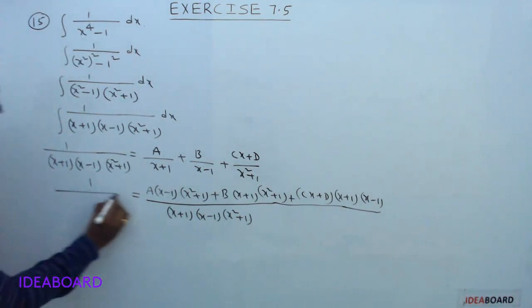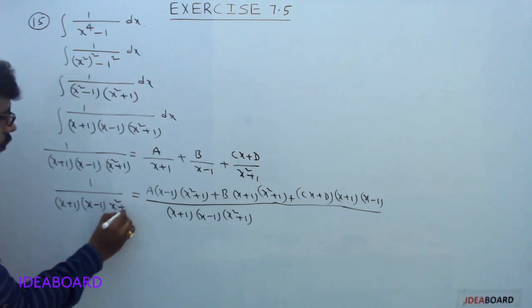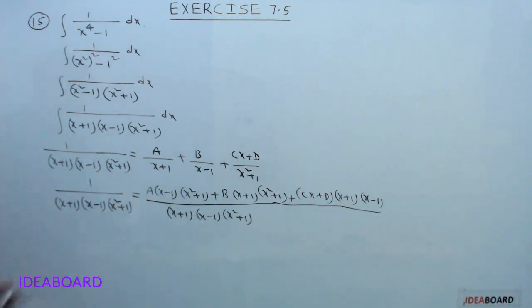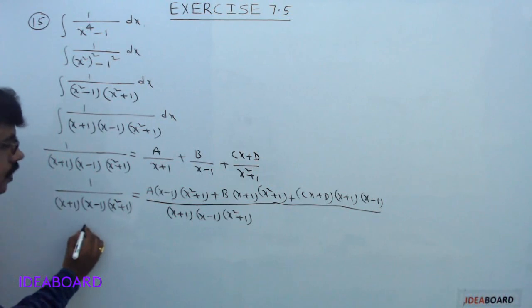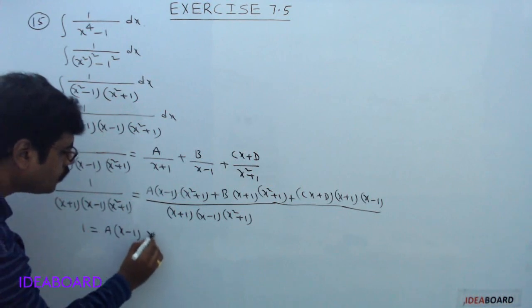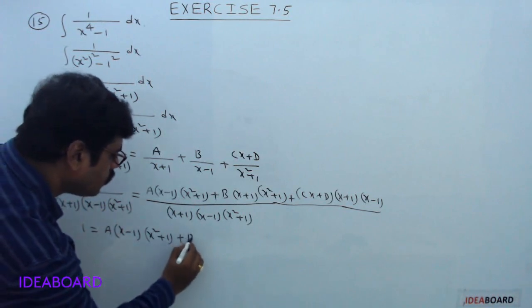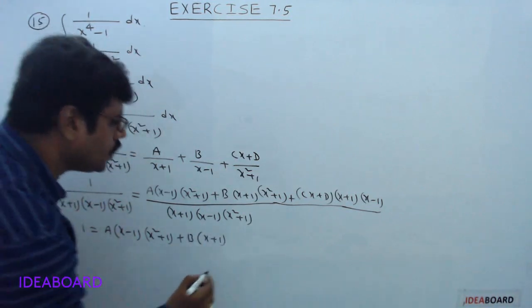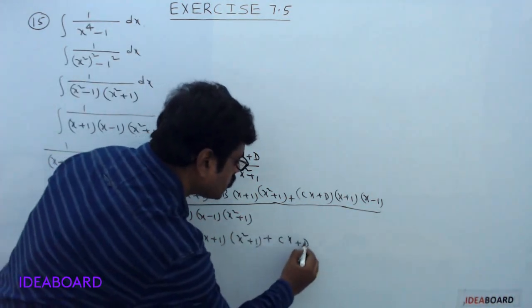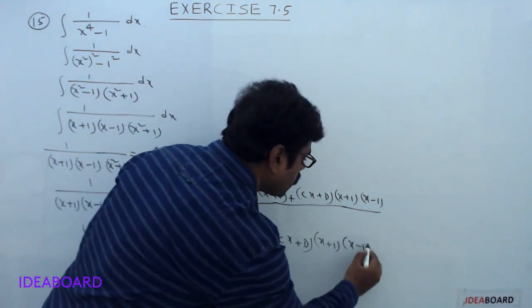Now write down the LHS part as it is: 1 divided by x plus 1 into x minus 1 into x square plus 1. Now cancel the denominators on both sides, then write down the remaining expression. Now 1 equals a into x minus 1 into x square plus 1, plus b into x plus 1 into x square plus 1, plus cx plus d into x plus 1 into x minus 1.